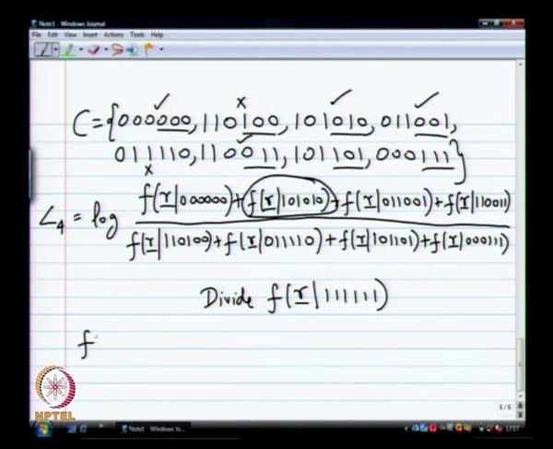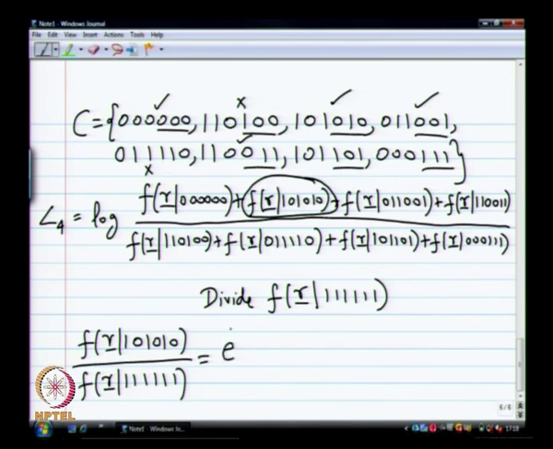So, f of r given 1 0 1 0 1 0 divided by f of r given 1 1 1 1 1 1. The constant I will ignore, since we have gotten rid of it.